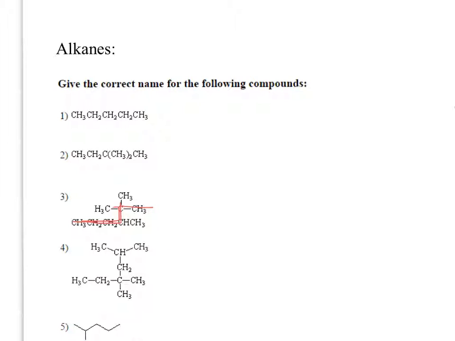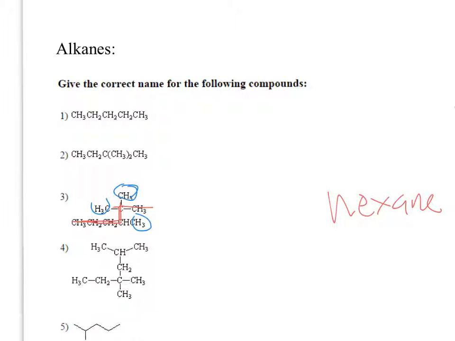Either way, the longest chain possible is going to be 6 carbons, and that is going to be the base of our chain, making this a hexane molecule. Okay, and then we need to talk about what functional groups are on there. So what do we have? We have a methyl here, because it's just 1. We have a methyl here, and we have a methyl here.